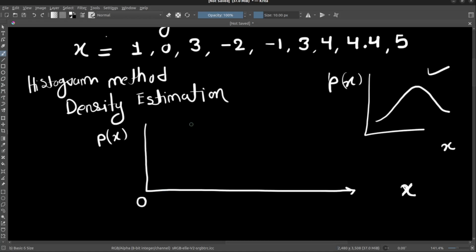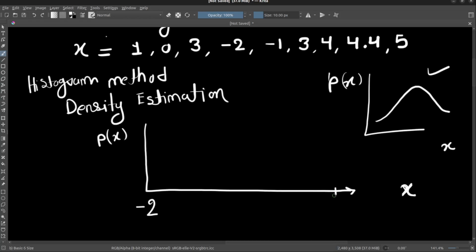Okay, so let's first find the range of x. The minimum is -2 and the maximum is 5, so 7 is the range, correct? Let's start with -2 here. -2 is this point, and the next point is 5.